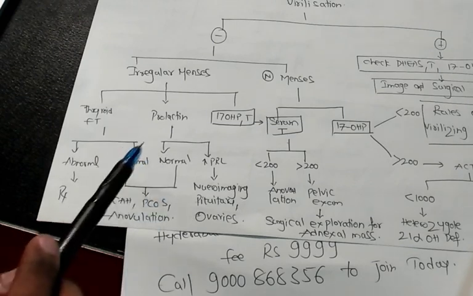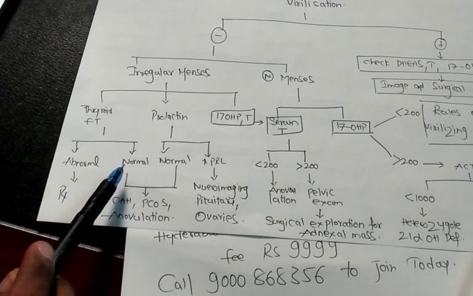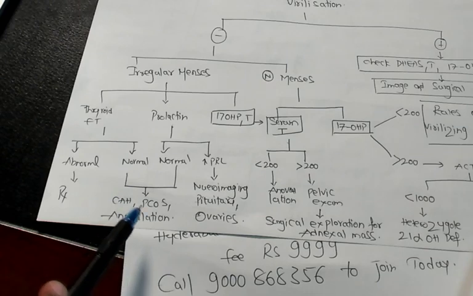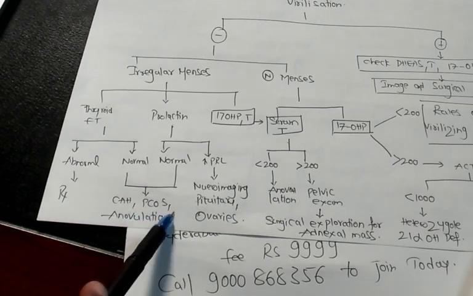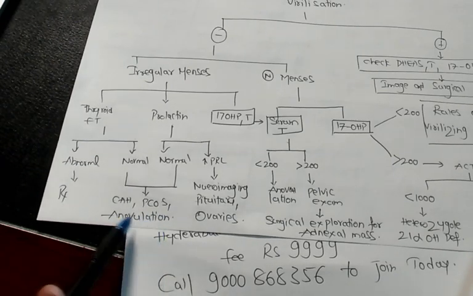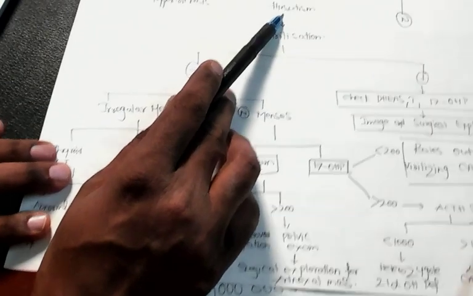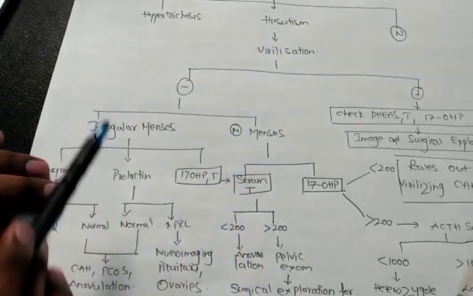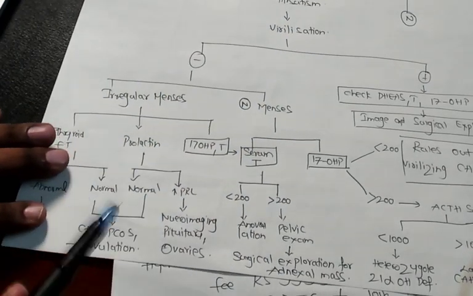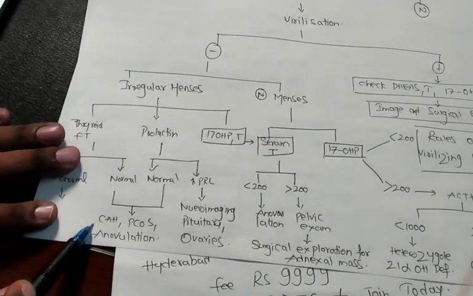If prolactin is normal and thyroid function test is normal, then the possibility is only congenital adrenal hyperplasia or PCOD or anovulation responsible for this irregular menses and hirsutism without virilization. Of course, congenital adrenal hyperplasia can cause virilization, but need not cause virilization. Both things are very much possible.